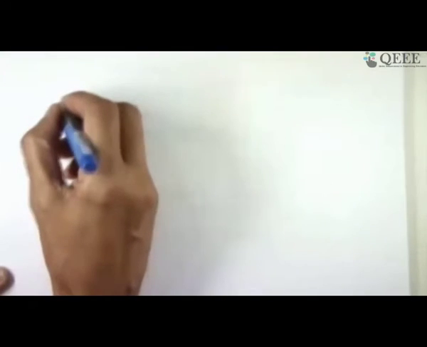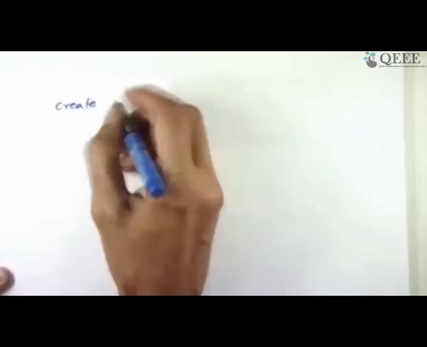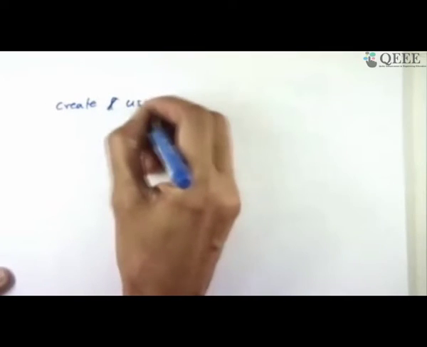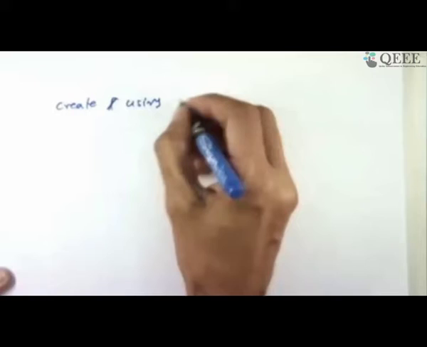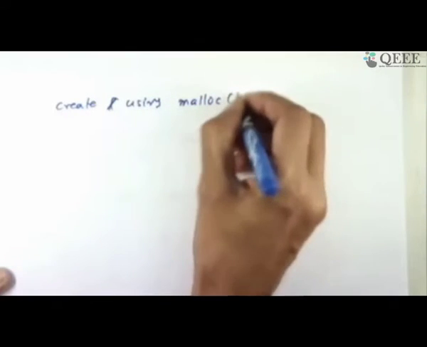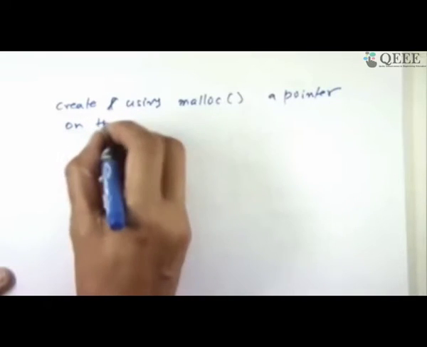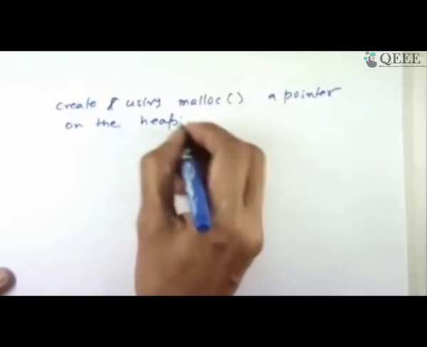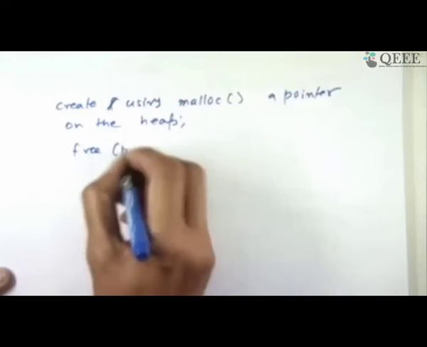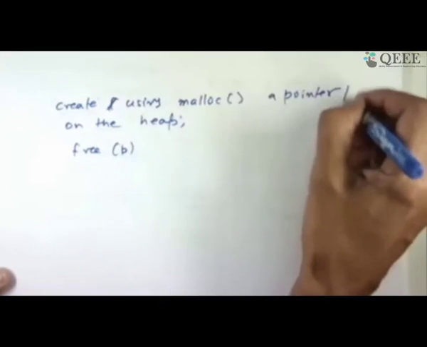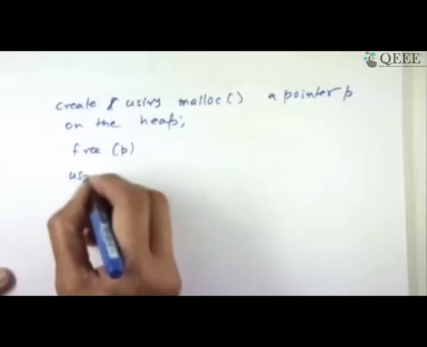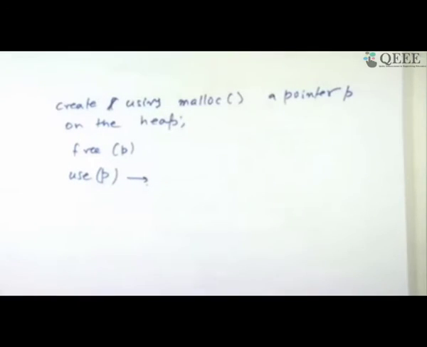They come when you create a pointer on the heap using malloc, free it, and then try to use p because you forgot it. This is not correct. Once you have removed it, this is not done properly.